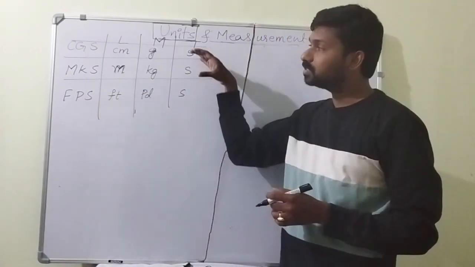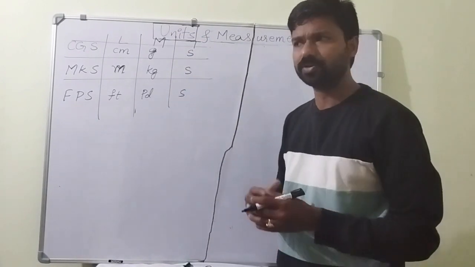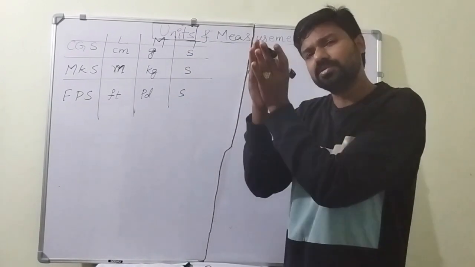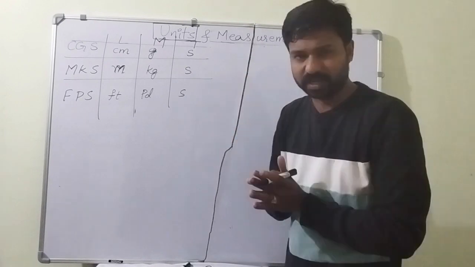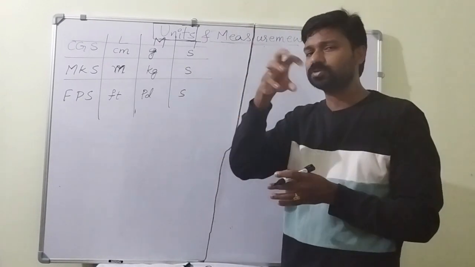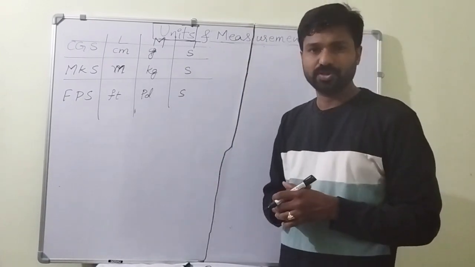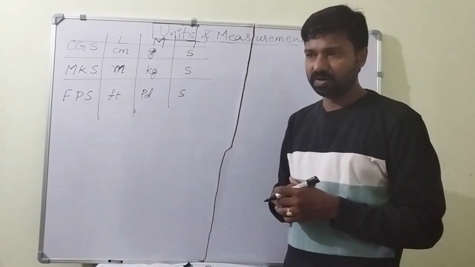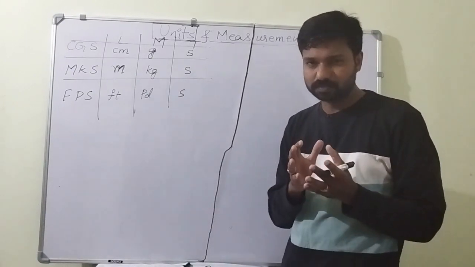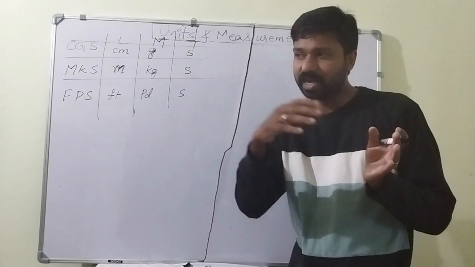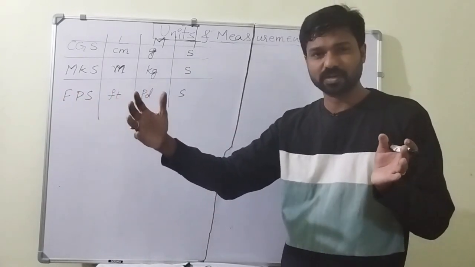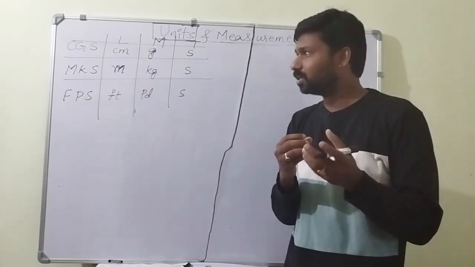These are the three different systems of units used in very olden days, where everyone used to follow their own system. But when scientists wanted to share their ideas with another system of units, there would surely be some confusion.